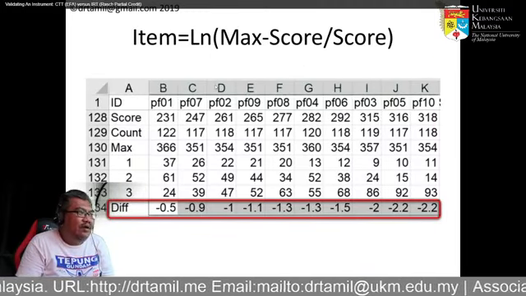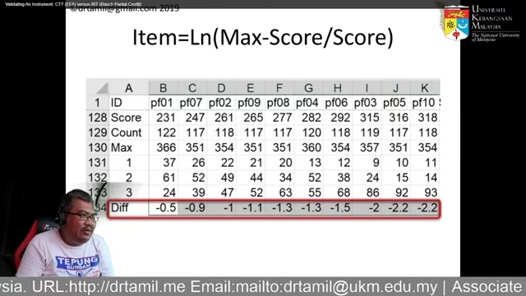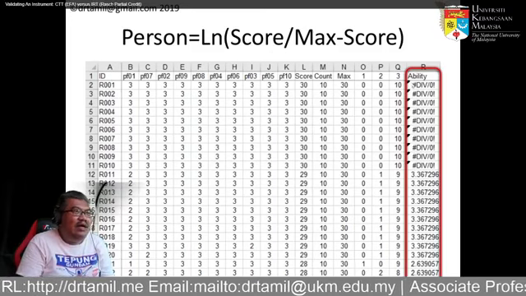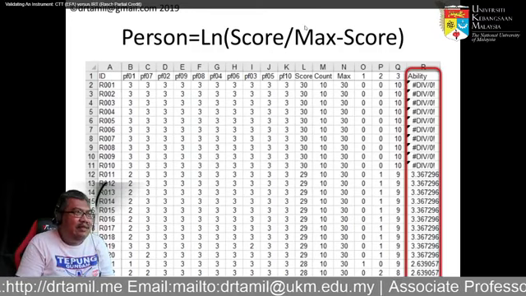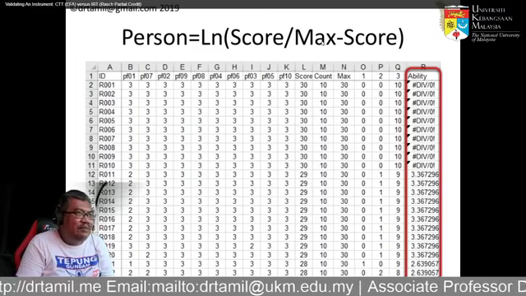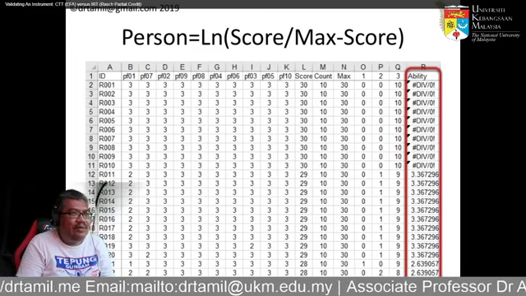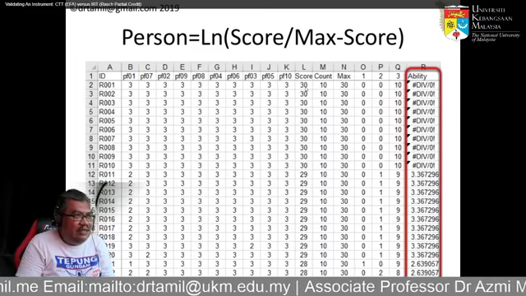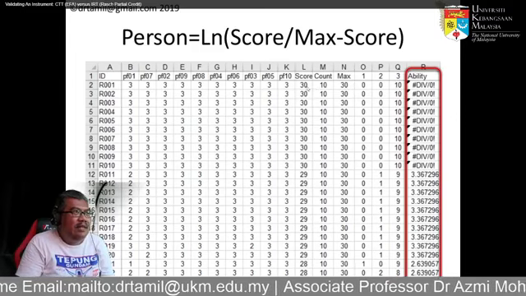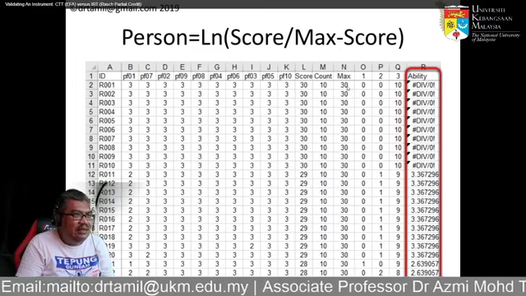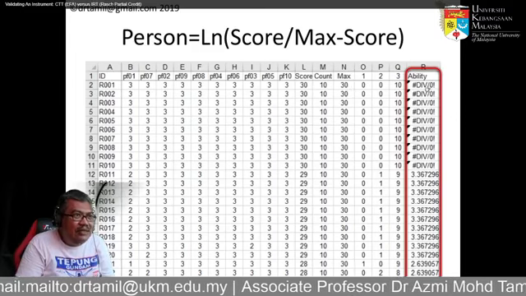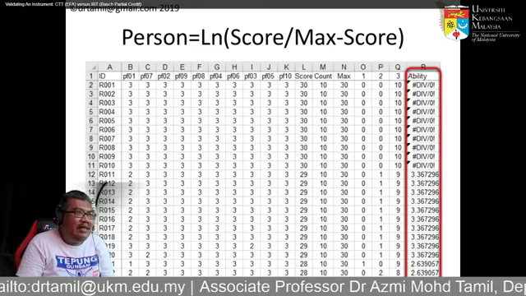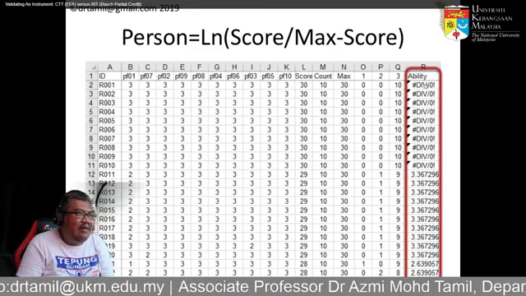What is the score that you get, then the maximum possible score minus that score. Here, the score is 30 and the maximum is 30. So 30 minus 30 gives 0. That's why for these cases you cannot get the logit, because it is divided by 0.